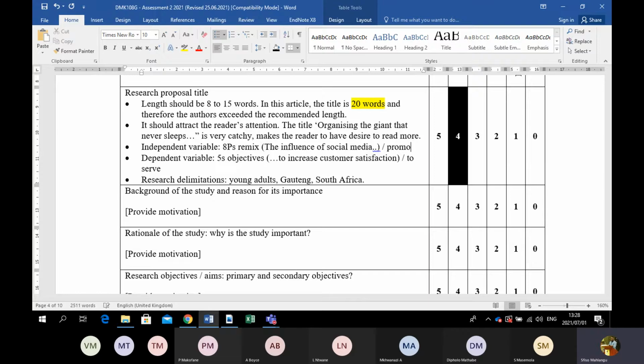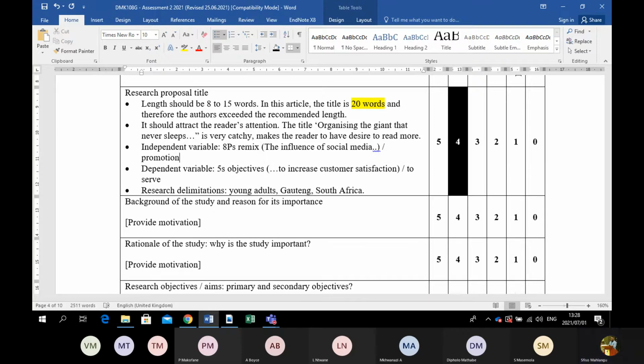This promotion element, under public relations, because you'll remember here you've got sales promotions, you've got things such as advertising and so on.